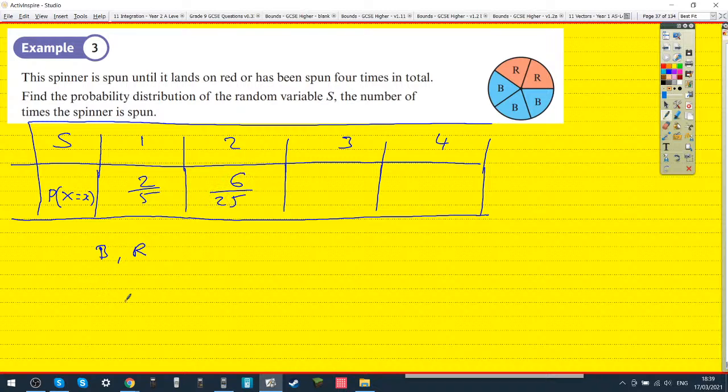That's it. You can always use a calculator. Okay, so 18 over 125.